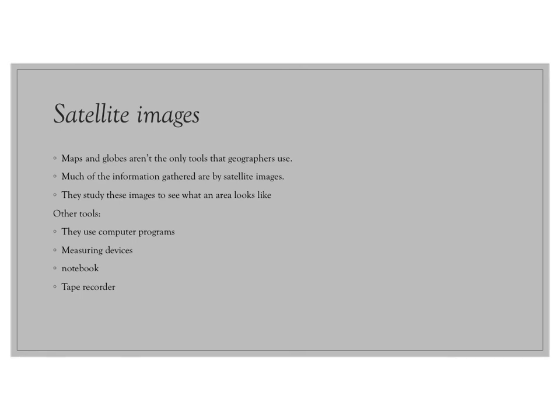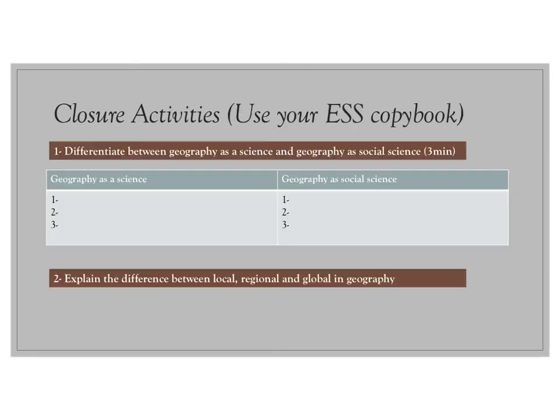So much of the information gathered by the satellite images is used mainly in the geographers' studies too. If you want to study a given area nowadays, geographers mainly rely on the satellite images. We have many other tools that are used by geographers, such as computer programs, measuring devices, notebooks, or tape recorders too.